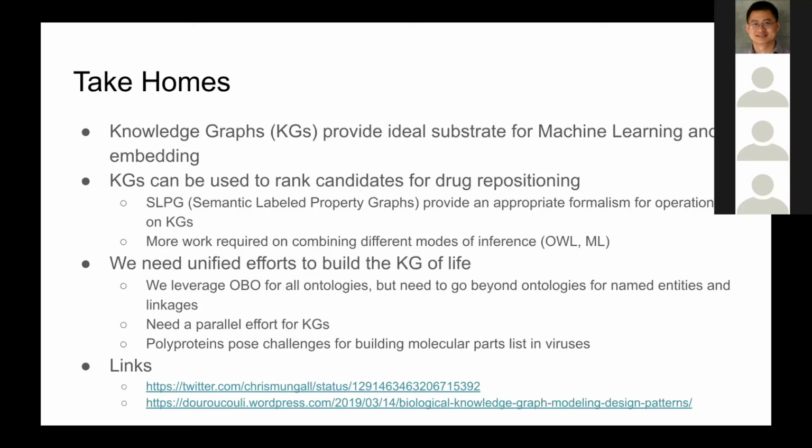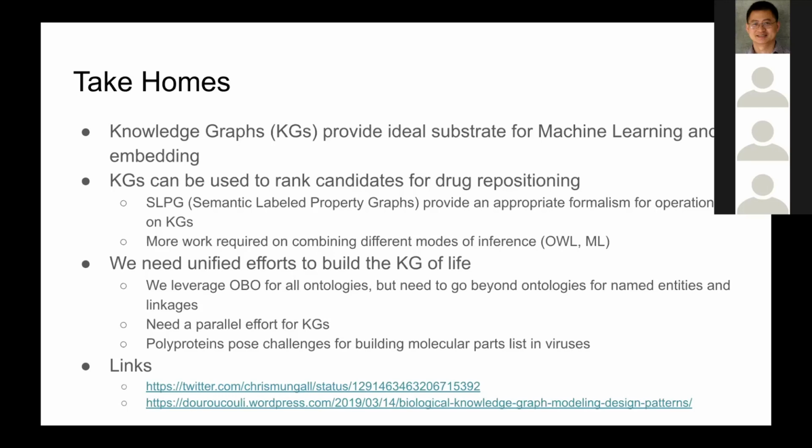And in particular, the SPO graph formalism, I think, provides an appropriate formalism for doing operations on these kinds of knowledge graphs. We are still interested, of course, in OWL, particularly for its use in inference, but I think more work needs to be done in figuring out how we can combine these different modes of inference, the OWL inference that we use within the ontology world, and more machine learning types of inference.